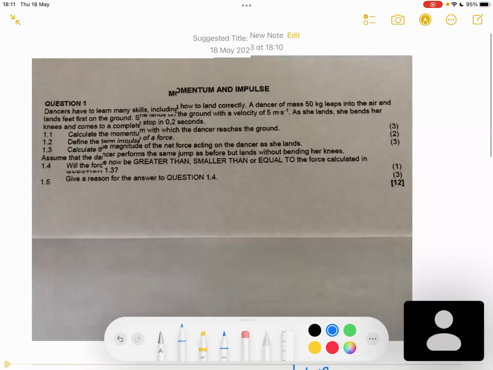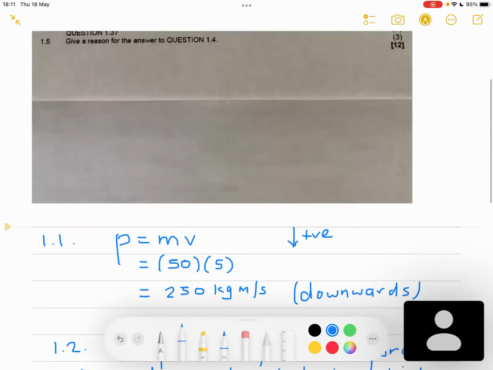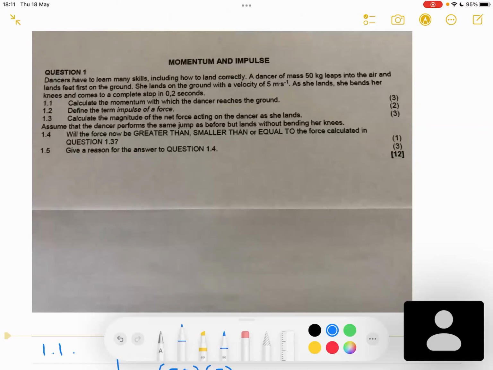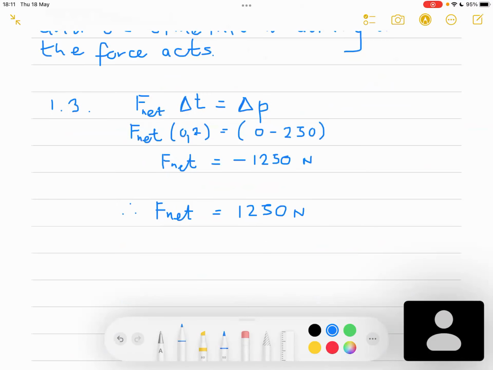In 1.3, the force is 1250 newtons. If she didn't bend her knees now, what will the force be? Greater than, smaller than, or equal to? The answer is that the force will be greater than.